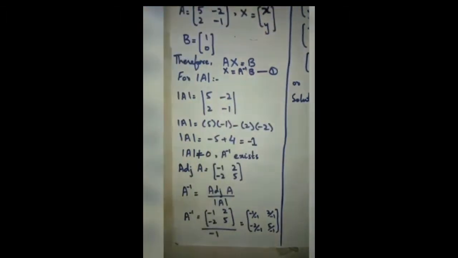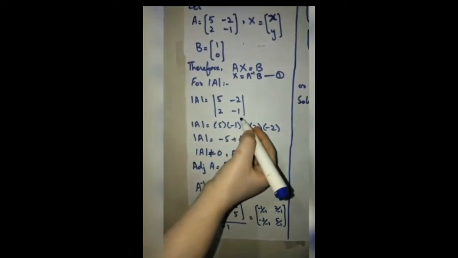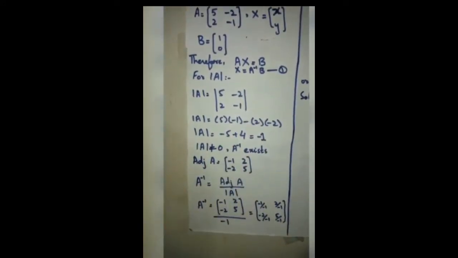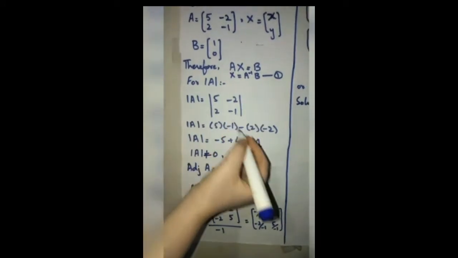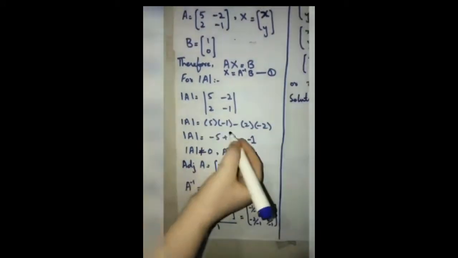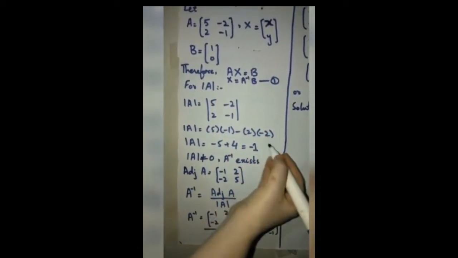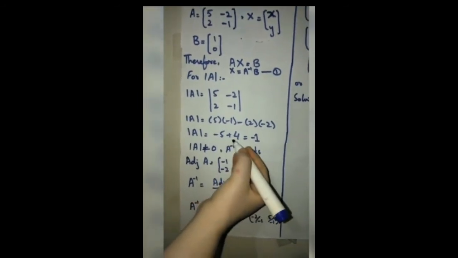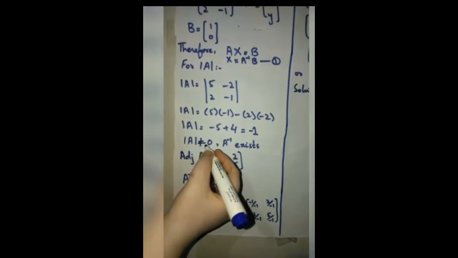First, the determinant of A. You know how to find the determinant of a matrix. 5 multiplied by minus 1 minus minus 2 multiplied by 2 equals minus 5 plus 4, which equals minus 1. The determinant is not equal to 0, which means A inverse exists and we will find the values of x and y.